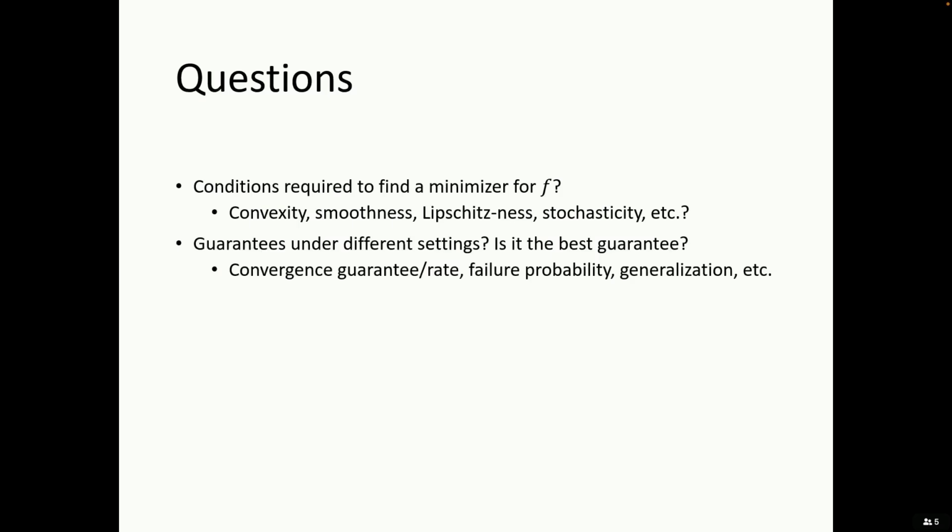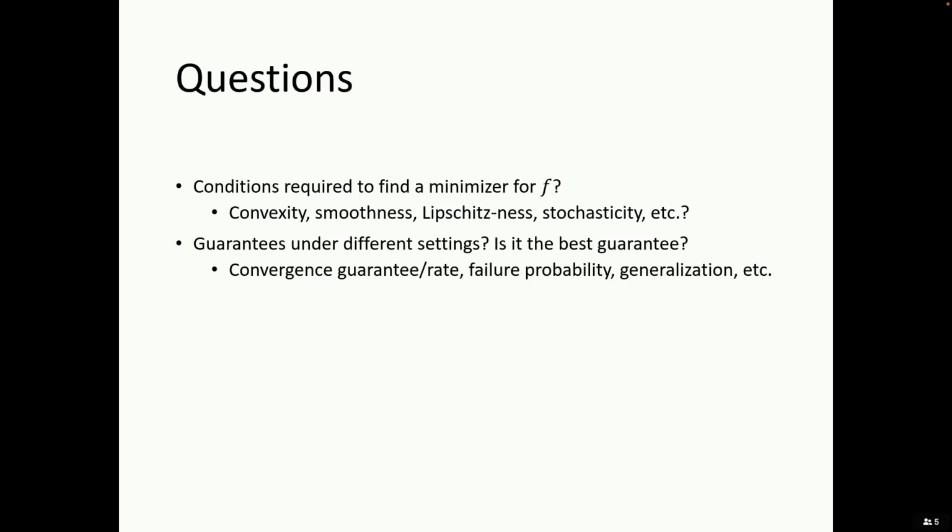Furthermore, a lot of the time you care about the convergence rate, how quickly you get to the optimal solution. But there are also other considerations. If you have stochastic access to the function, you want to understand the failure probability of the algorithm. Does it succeed with high probability, or do you have to run it many times?